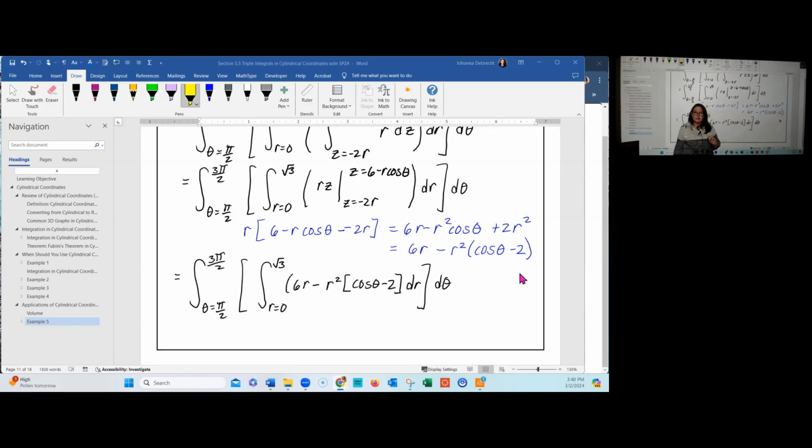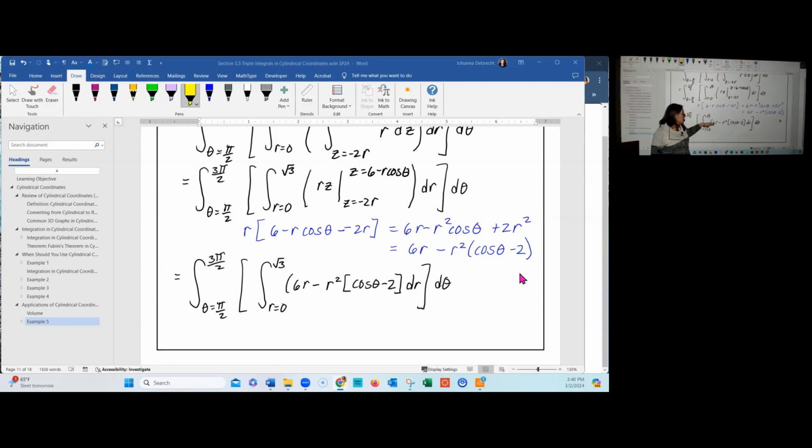I have two terms that have r squared, and since I know I'm going to integrate with respect to r next, I can factor the r squared out of those two terms to give me only two terms. This just cuts down a little bit on the integration you have to do. When I rewrite it, my new integrand is 6r minus r squared times the quantity cosine theta minus 2.